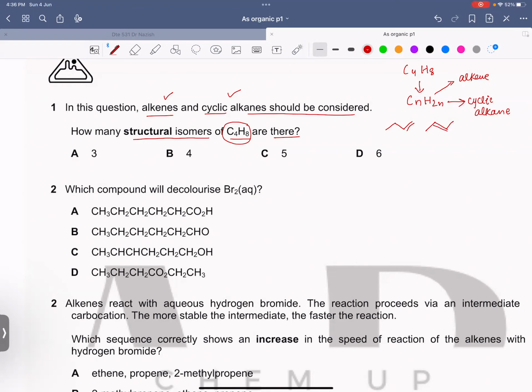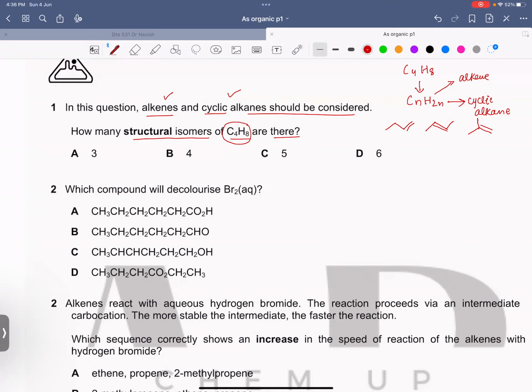So this is the second isomer, which we can name as 2-butene, right? Then there would be a third possibility in which 3 carbons are in the longest chain and the 4th carbon is the branch, with a double bond. So we can name it as 2-methylpropene. So these are the 3 structural isomers which are alkenes.